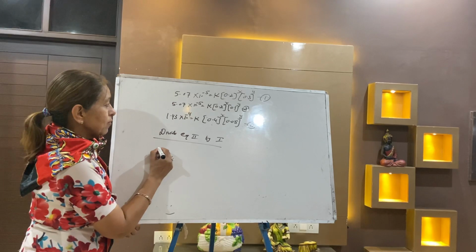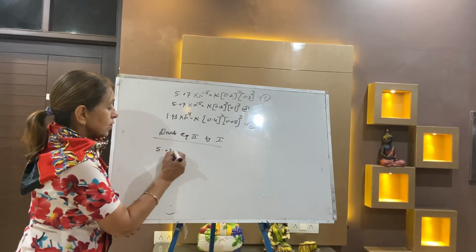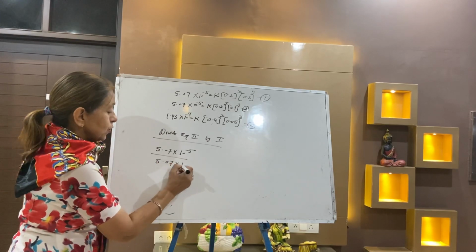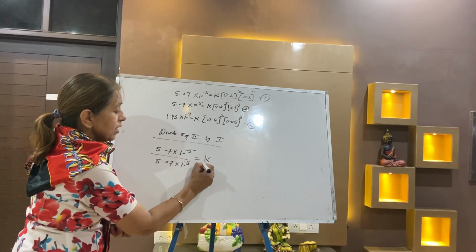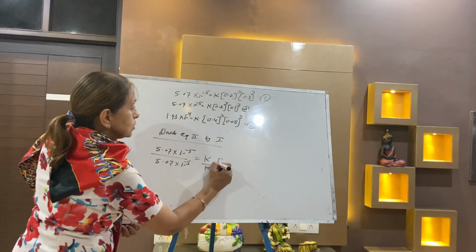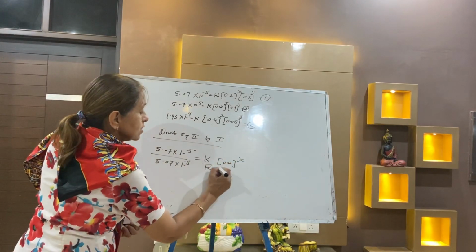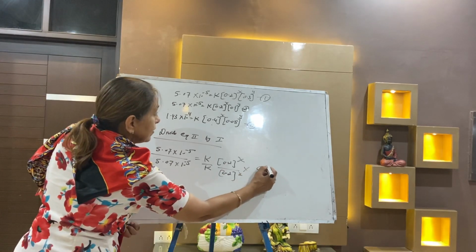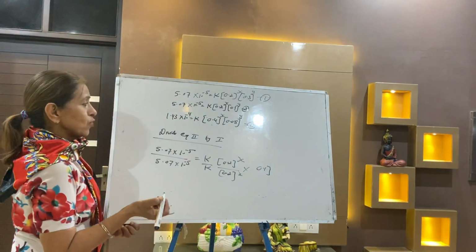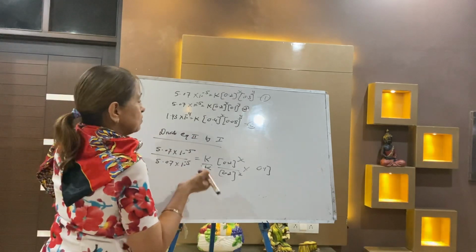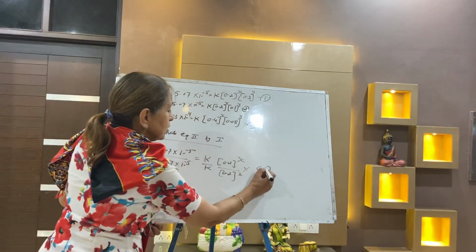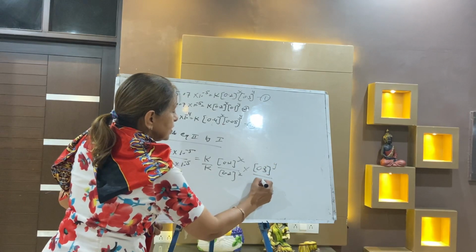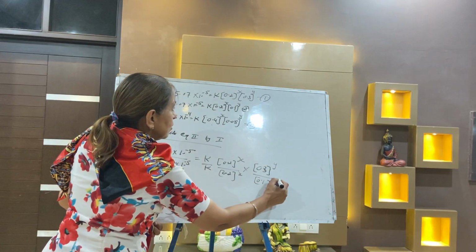Your answer will come 5.07 into 10 to the power minus 5 over 5.07 into 10 to the power minus 5, K by K, 0.2 power X, and it is better to divide 1 by 2 so that a fraction will not come: 0.3 power Y and 0.1 power Y.